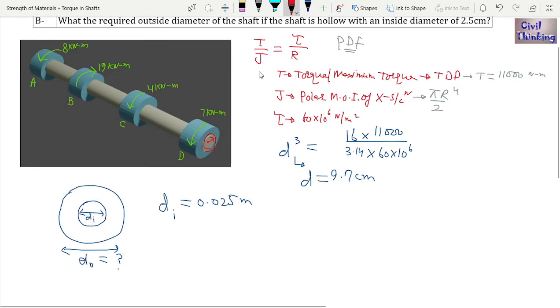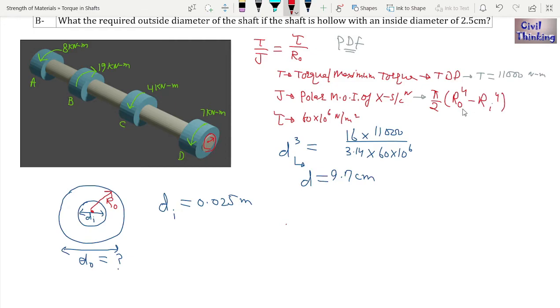Let me change the color. From here to here it is r naught, okay? This is r naught, okay? The polar moment of inertia of a hollow cross section is pi by 2 times r outside to the power 4 minus r inside to the power 4, okay?